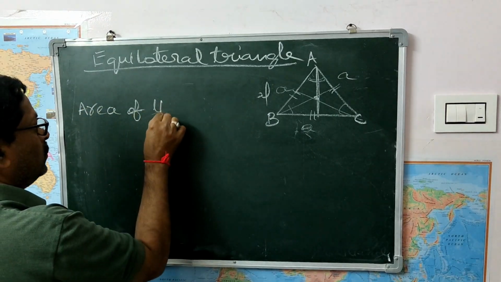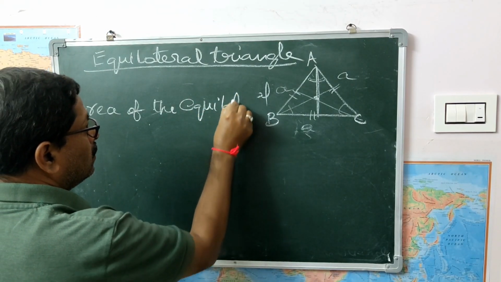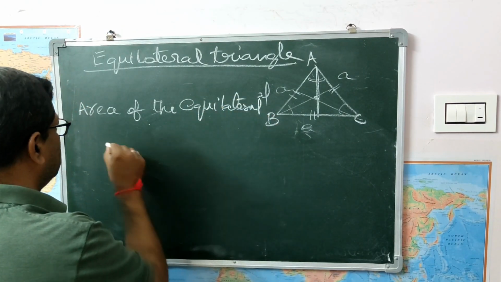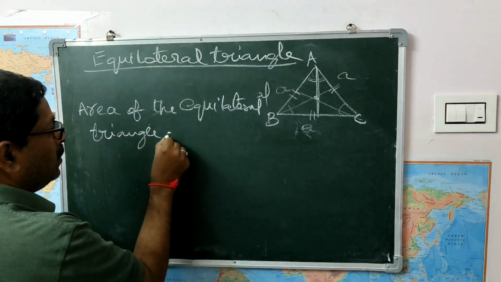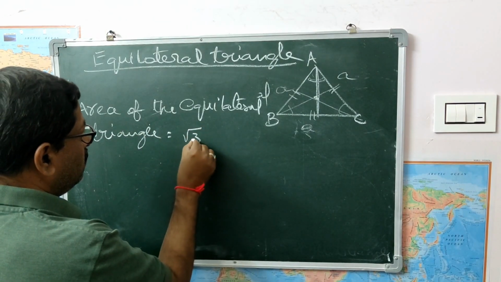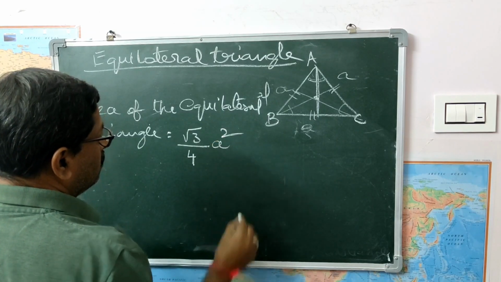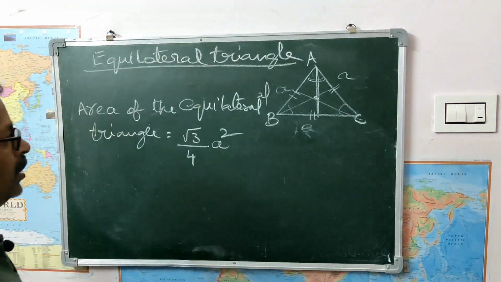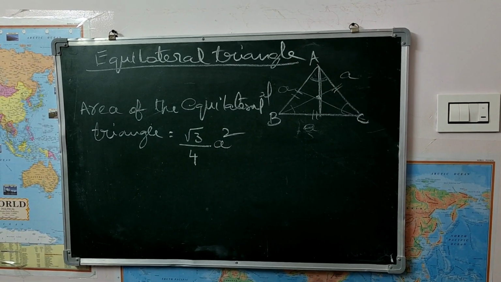Area of the equilateral triangle is given by the formula root 3 by 4 into a square. Root 3 by 4 into a square. Okay, it is as simple as that.